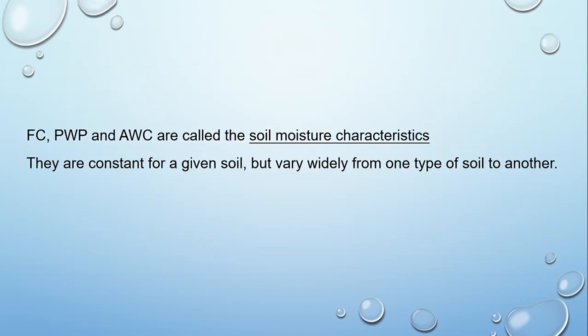Alright? So, most of the crops have 50% yung available moisture content na makukuha from the soil. So, the field capacity, the permanent wilting point, and the available water content are called the soil moisture characteristics. And these characteristics are constant for a given soil, but they vary widely from one type of soil to another.